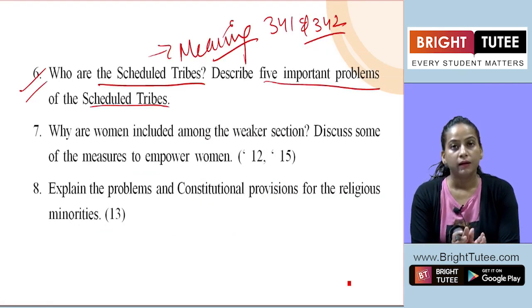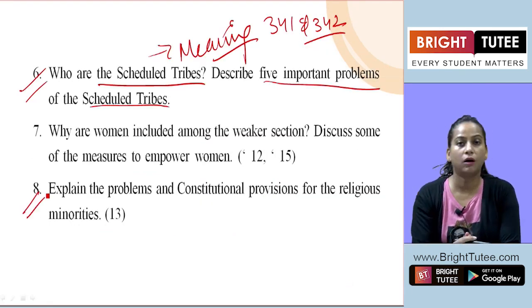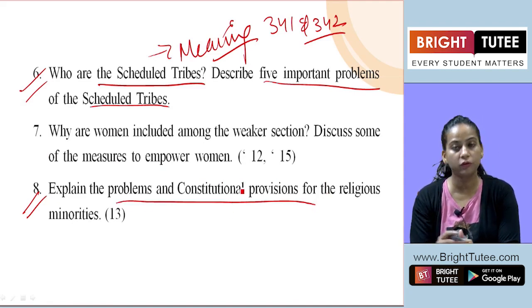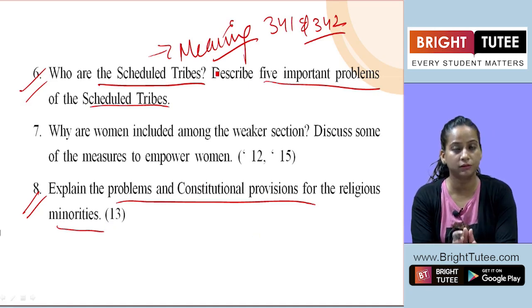Now, based on the essay type questions of topic 3, they have asked, explain the problems and the constitutional provisions for the religious minority. So here we have to mention what are the different provisions that have been mentioned in our constitution. So firstly we are going to discuss the problem, as well as we have to give the different provisions for their protection also.